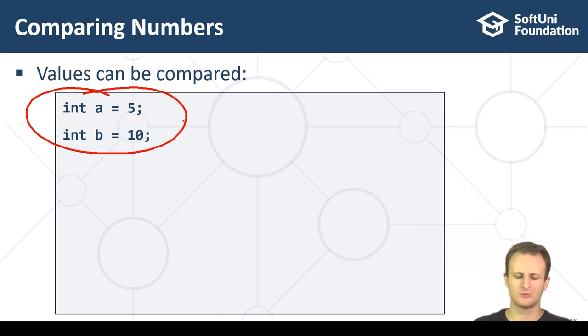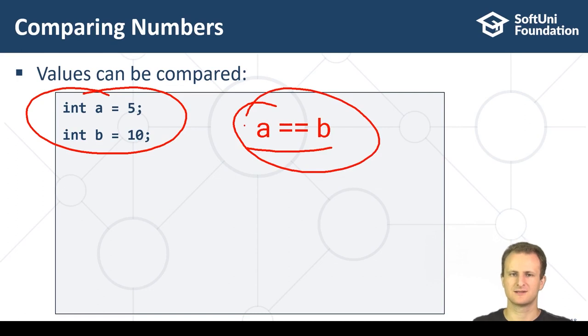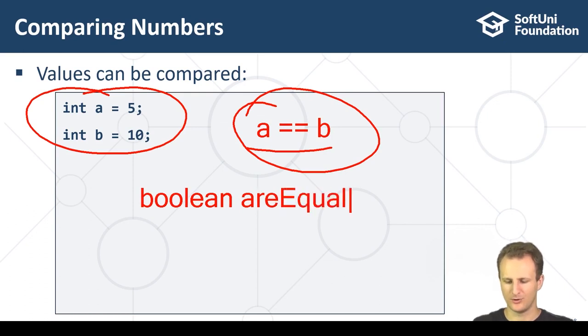So there are only two possible answers to the question A equals B. So this is just a check, and the result of this check, since it's only two possible values, is a Boolean result. So R equals A equals B. So this might seem a bit confusing at first. So what we're saying here is you just need to know that you shouldn't be reading this as equals. It is a sign.